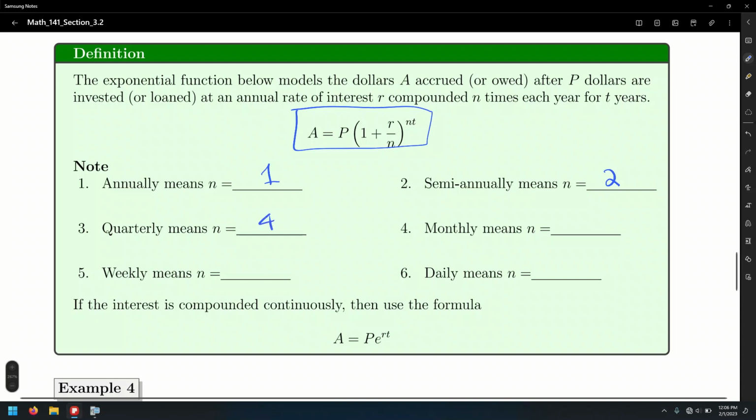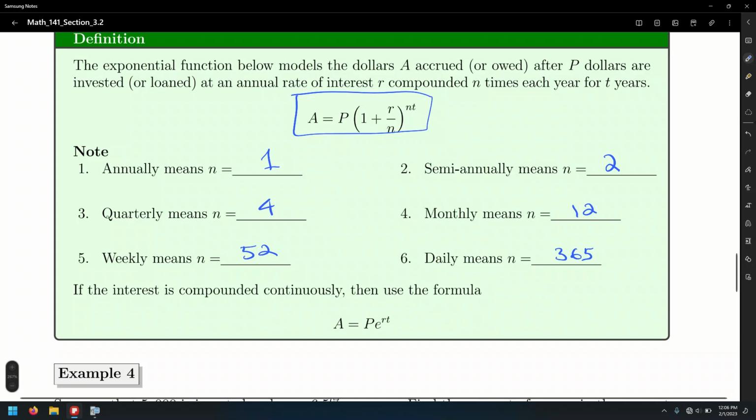And monthly, 12. Weekly, 52. And daily, 365, right? Of course, we may have 365 days in a year and 366 days in a leap year, but those are special cases, so we just go with 365.